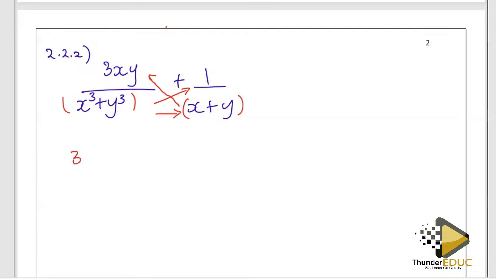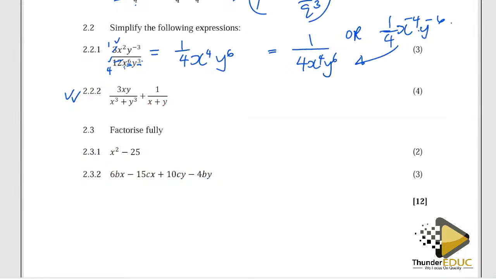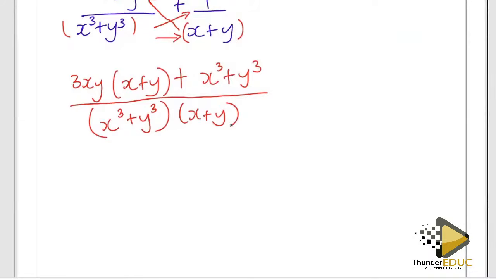So that's going to be 3xy into x plus y, plus x cubed plus y cubed over x cubed plus y cubed into x plus y, just the multiplication. How many marks? It's 4 marks, no? Then from there, all I need to do is expand or factorize this. The sum of 2 cubes.